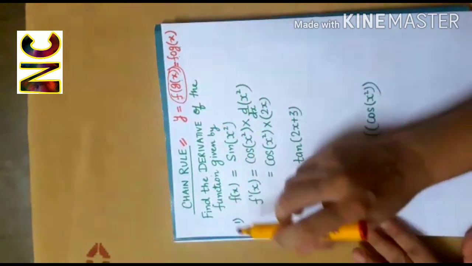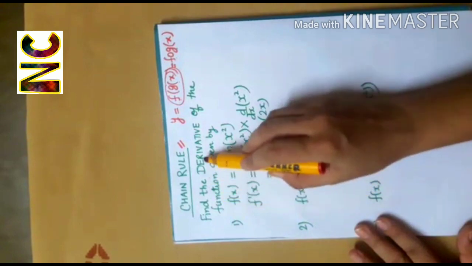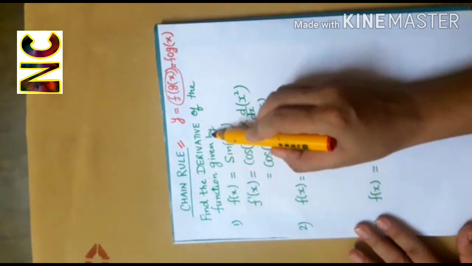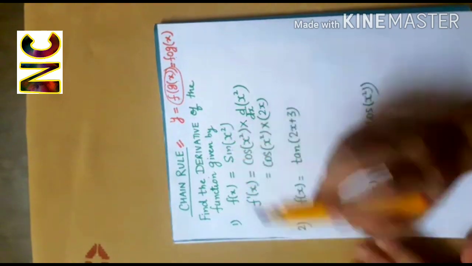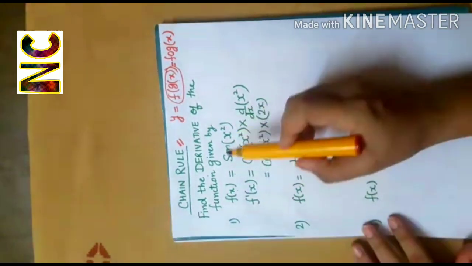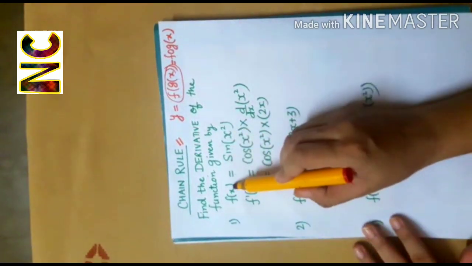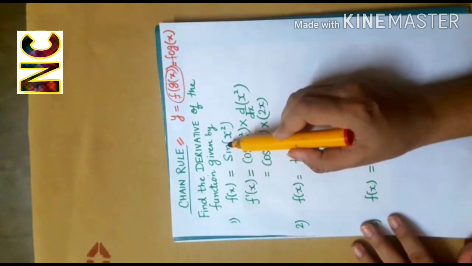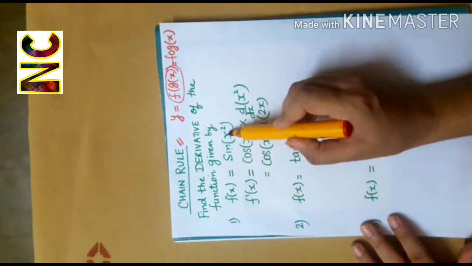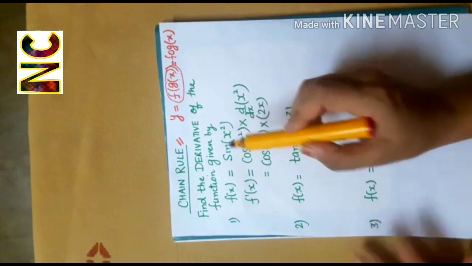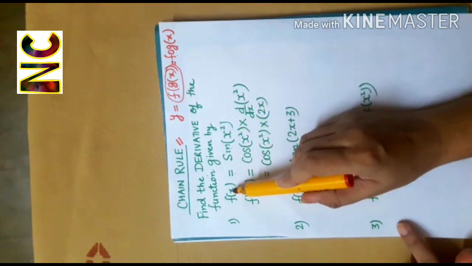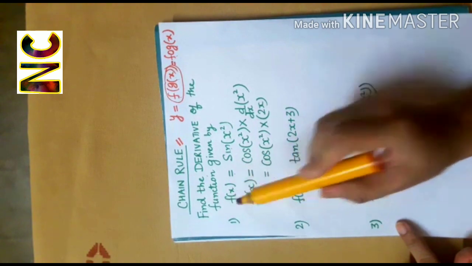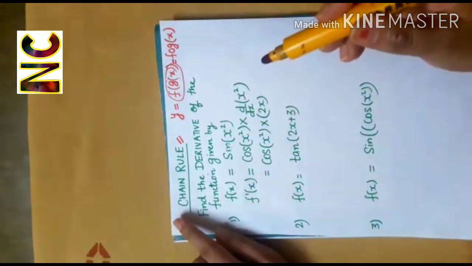So let's take the example. Find the derivative of the function given by f x equals sine x square. Now, this function is a composition function of sine function and x square function. So, if I have to find out the derivative of this function, then I will apply chain rule.